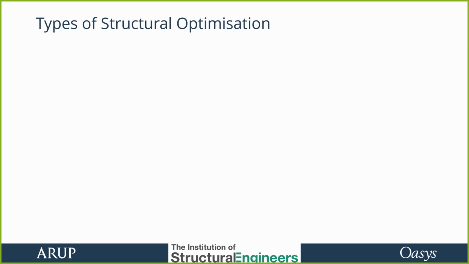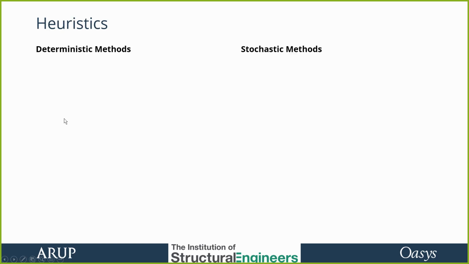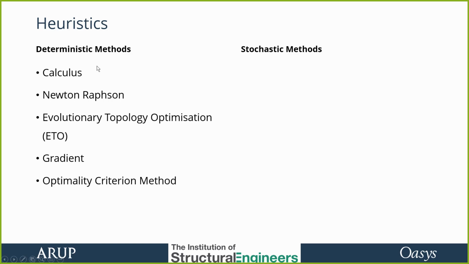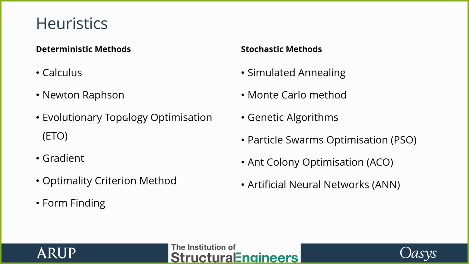And the types of structural optimization: topology, shape, and sectional size, and these are now in the correct order to start with. Then there are the various heuristics. Deterministic, calculus and so on: you follow these, you'll get to the same answer each time. Stochastic, or random: you should get to good answers, but these can find answers that the others can't.